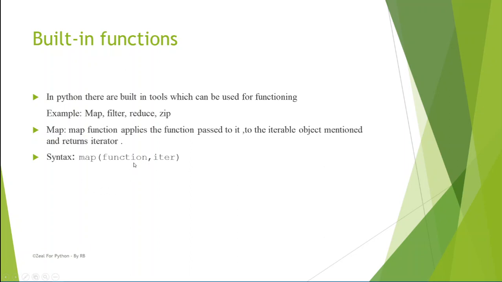Whichever function is passed as a parameter, the elements of the iterator will behave as arguments for this function, and you will get an iterator object as the result of the map function.